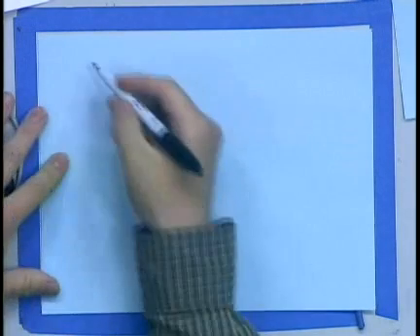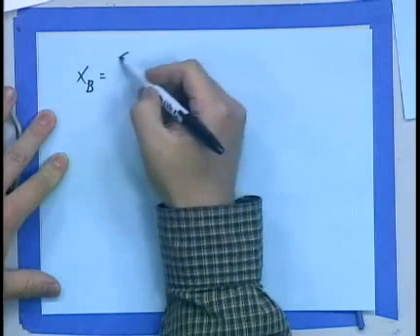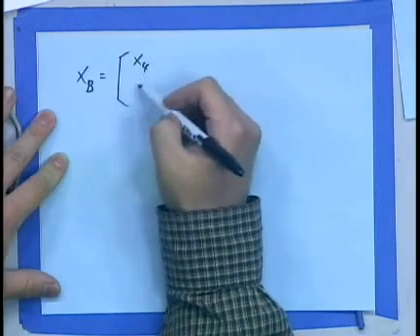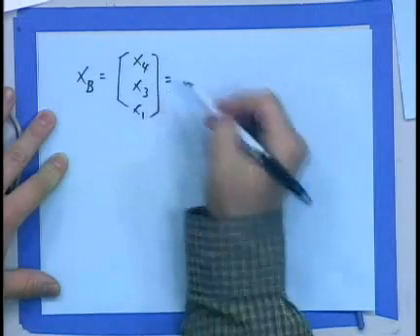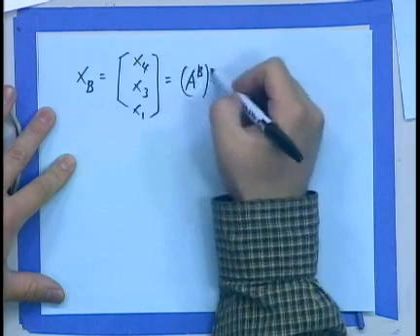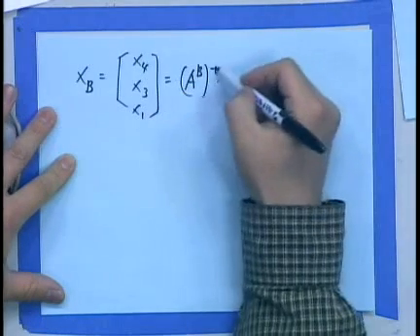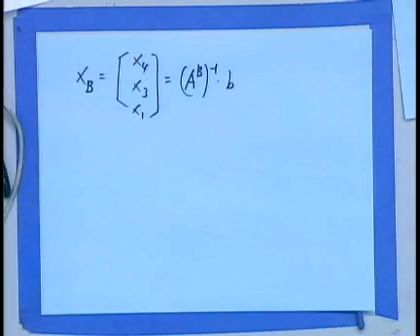And to find the optimal solution, we need to get the right-hand side values, right? Which is xB, x4, x3, x1, right? Which can be obtained by basis inverse matrix times the right-hand side value from the original table.